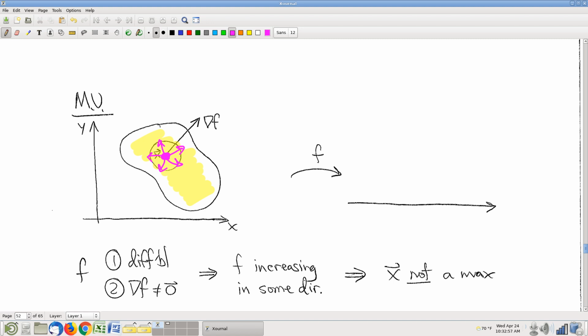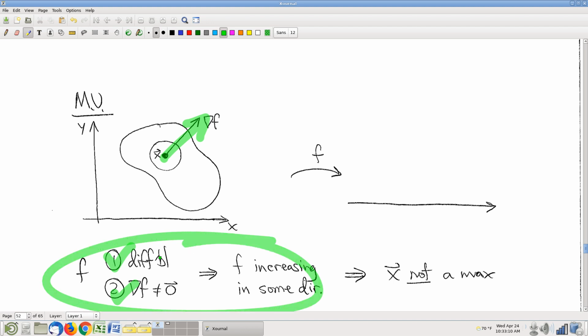And the argument that we made in this context is, take a look at the gradient vector. If that gradient vector is non-zero, and if the function is differentiable, the function is increasing as you go that way. That can't be a maximum in any sense. It's still getting bigger. So, therefore, not a max.